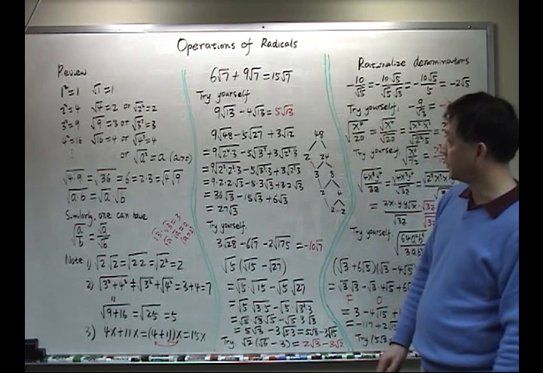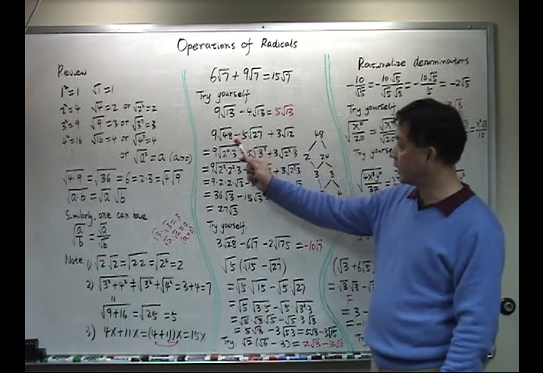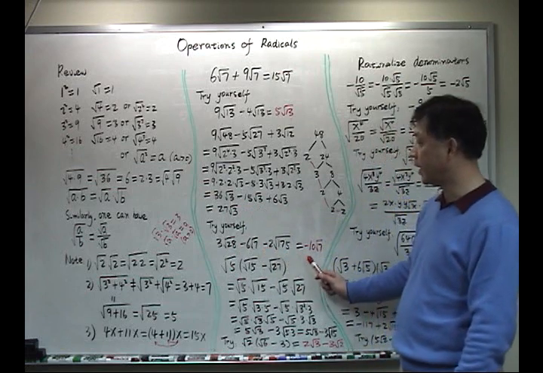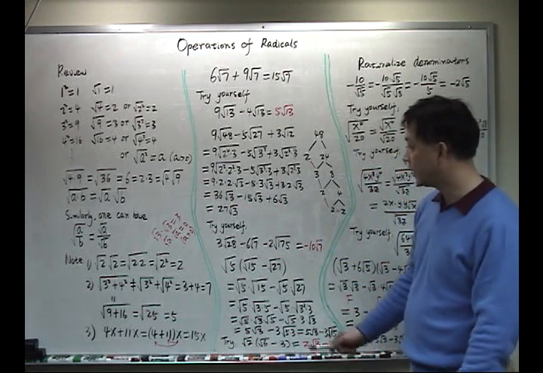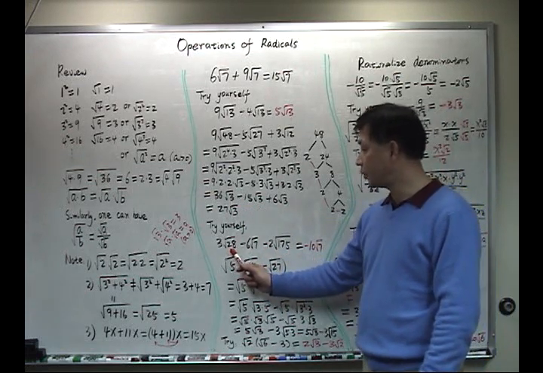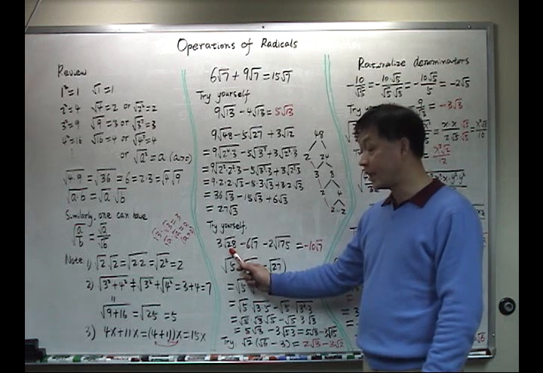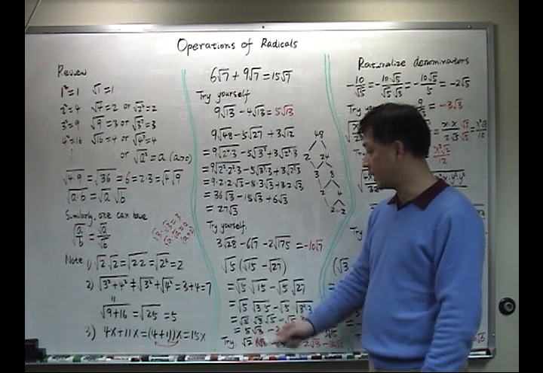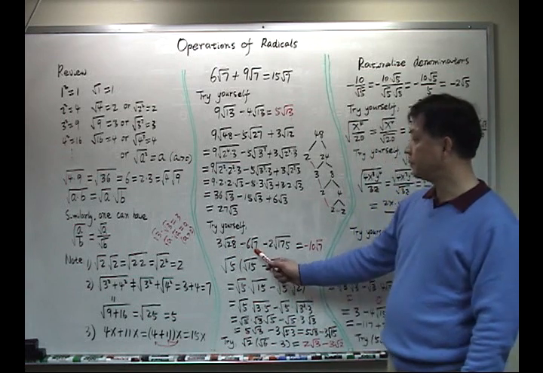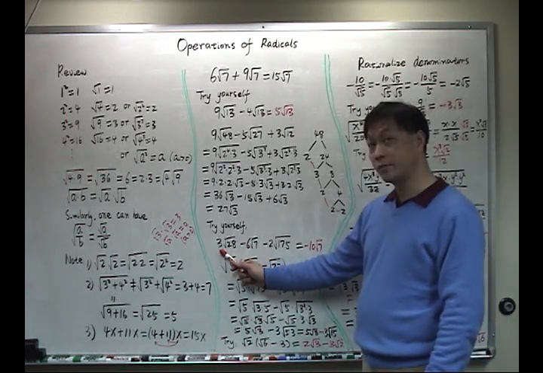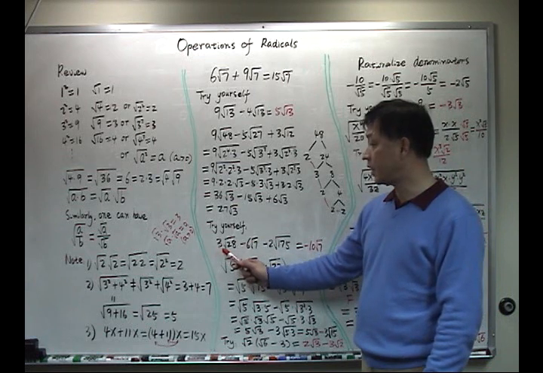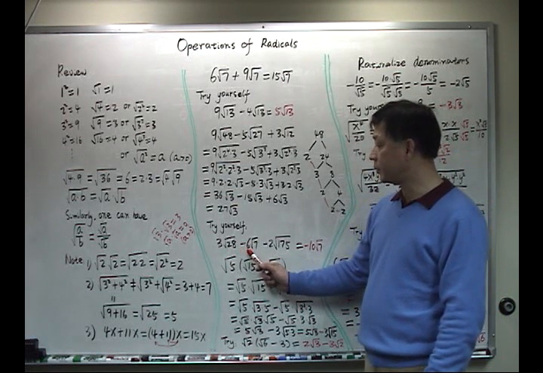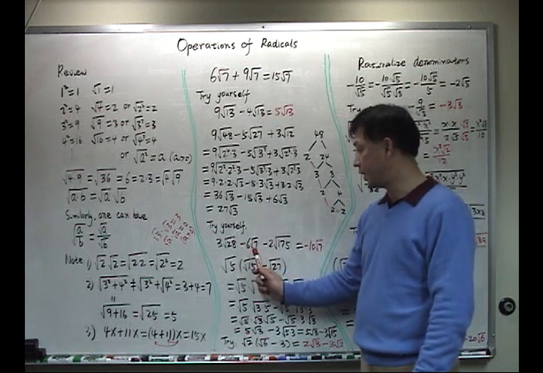Okay? This one looks a little bit complicated. So here is the other one you want to try yourself. Okay? So you want to rewrite 28. 28 is actually 2 squared times 7. Okay? And then that 2 can be out. So 3 times 2 is 6, radical 7. Here you have a minus radical 7, you can cancel each other.